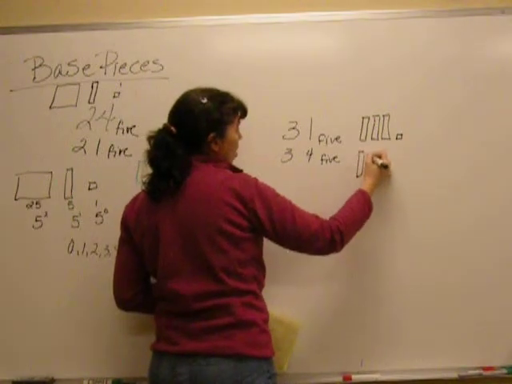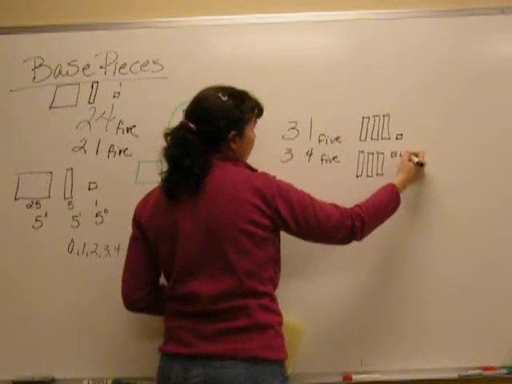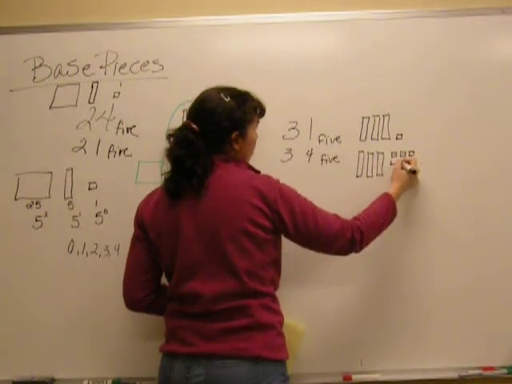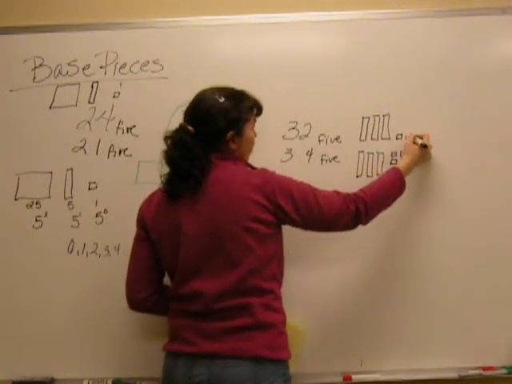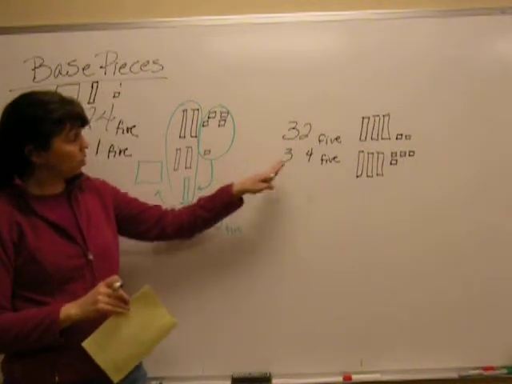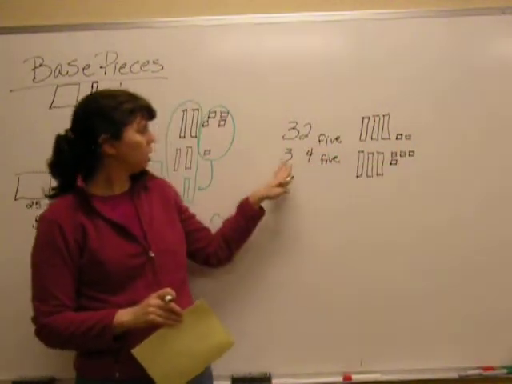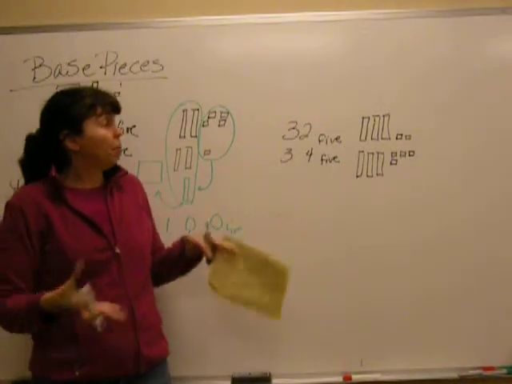Here I've got 3 longs and 4 units. Oh, I wanted this to be different. We're going to change this to a 2 real quick. So you have 3, 2, so 3 longs and 2 units, and then 3, 4, which are 3 longs and 4 units. And so I'm going to put those together.